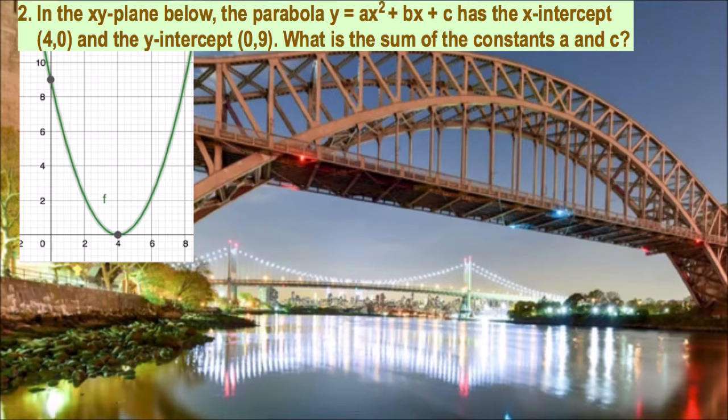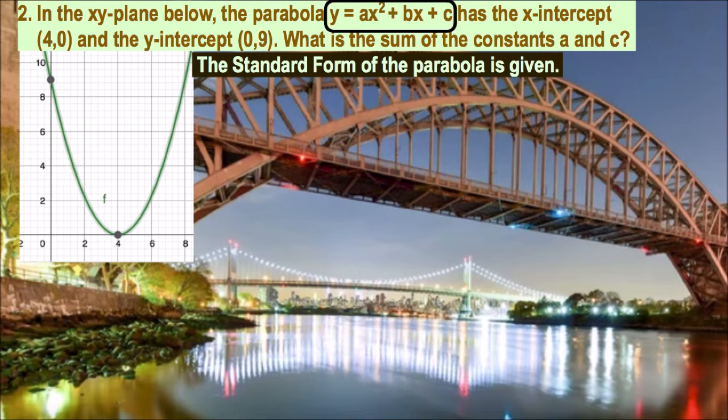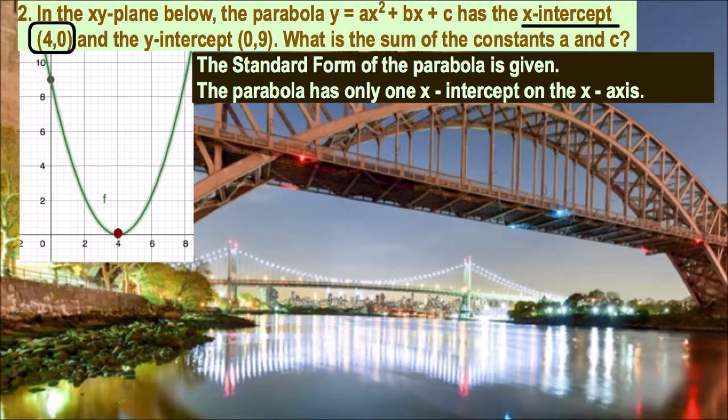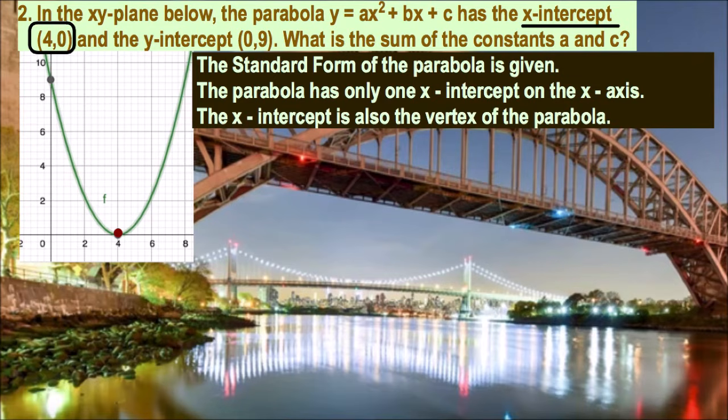What is the sum of the constants a and c? So we're given the standard form of the parabola. The parabola has only one x-intercept on the x-axis, and the x-intercept is also the vertex of the parabola in this case.